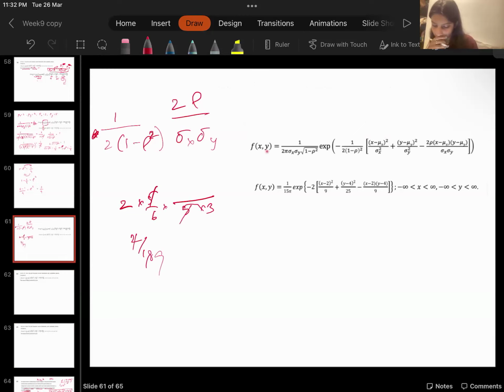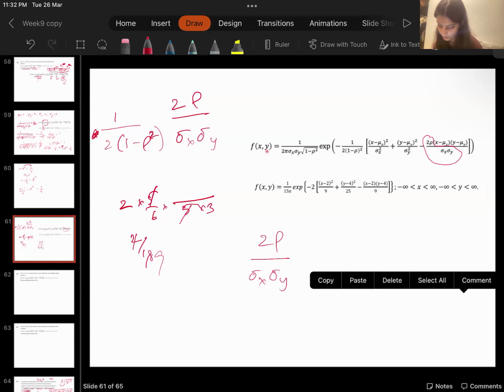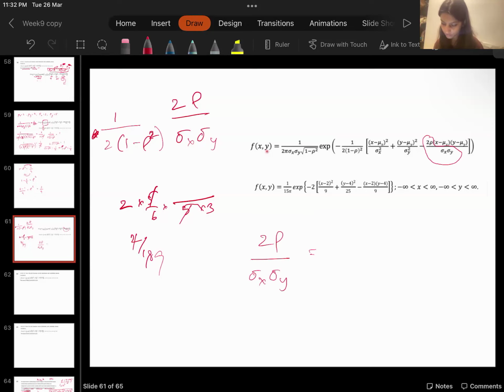Let's take a look at this last term. We have 2 rho divided by sigma x, sigma y, and this whole thing is equal to 1 by 9.